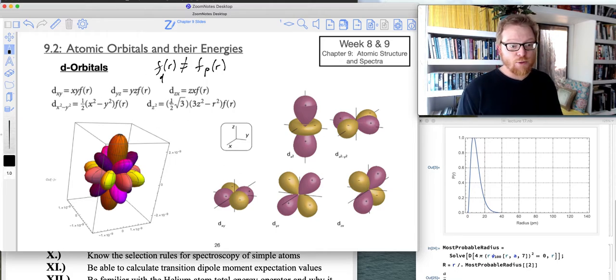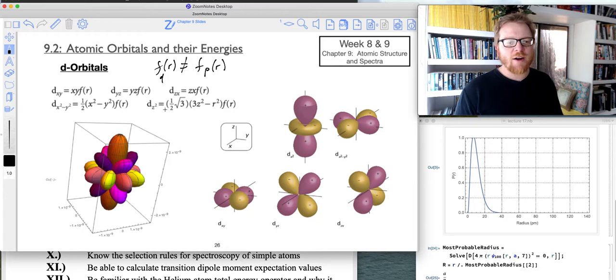And so you can see through algebraic manipulation where those labels come from. The dxy is literally x times y times this function in r. Or, for example, the dx squared minus y squared is not quite identical to that, but it's close. It's 1/2 times the quantity x squared minus y squared times f of r.